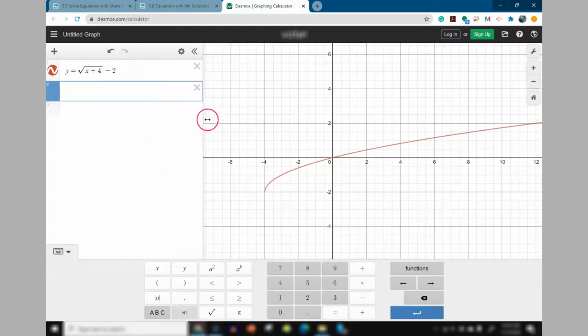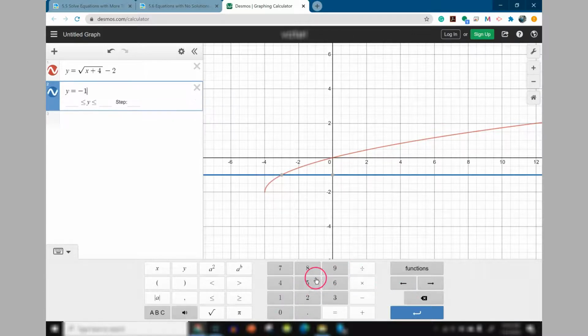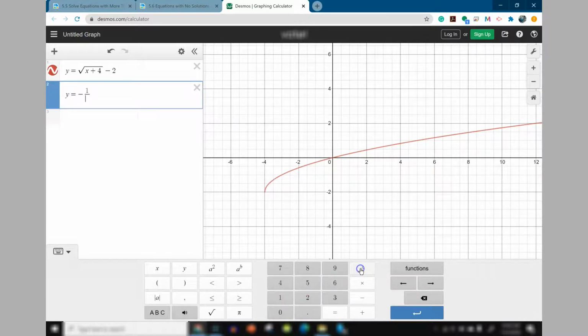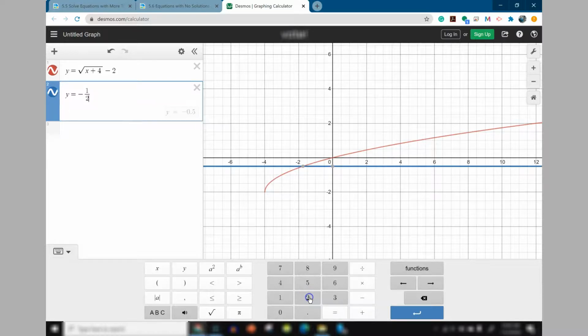For the second expression, we're going to type in y equals negative, and then to create a fraction, you use the division sign. So to create 1/2, we're going to type 1 divided by, and you can see that it's showing me a fraction with 1 on the top, and now I can type in 2 on the bottom.